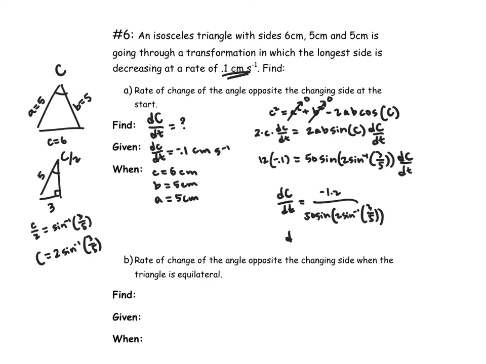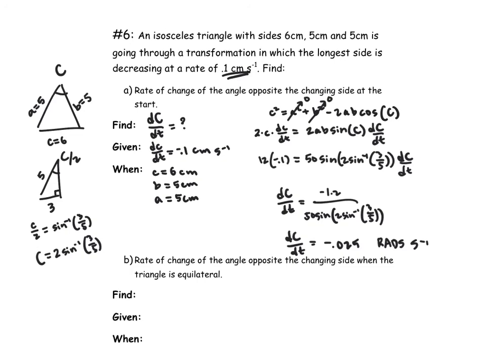That'll be dC/dt. Now, of course, you need a calculator here, and your answer here will be in radians per second. With my calculator, that comes out to be negative 0.025.